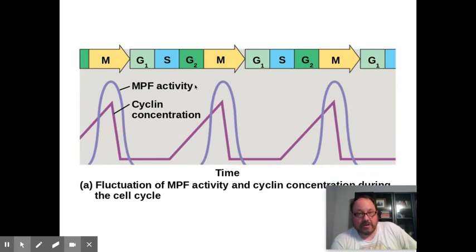Then, again, during G2, when you're making the proteins you need for cell division, cyclin levels go up, you get more MPF, and cell division happens. So when cyclin levels change, you get more or less of this MPF molecule, and the cell either divides or it doesn't.